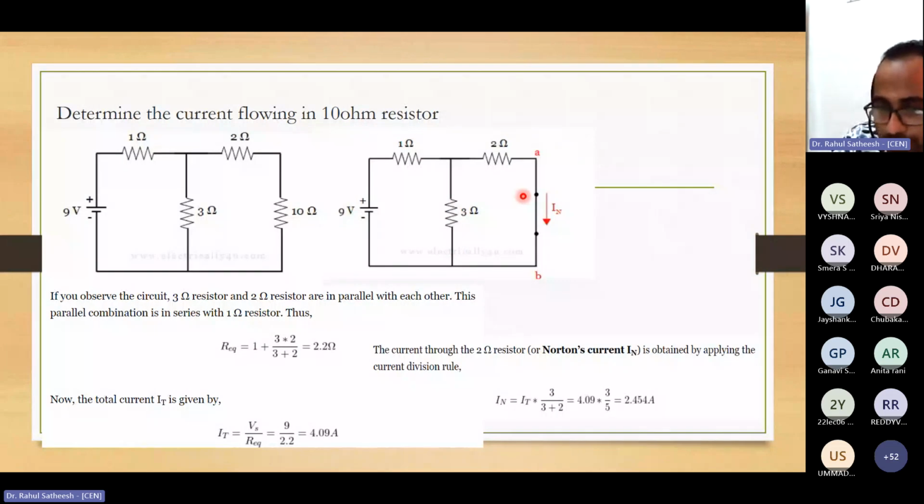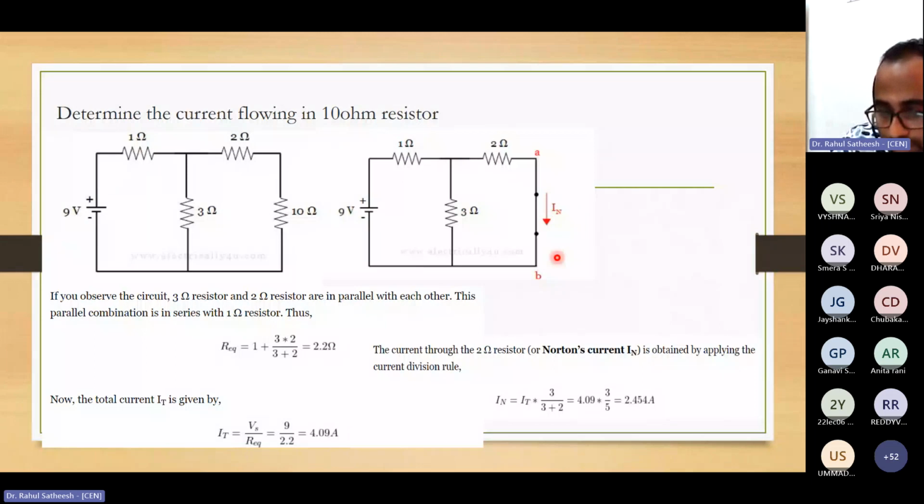We need the branch current of the 2 ohm. As per the current division rule, other resistance divided by the total resistance. Other resistance means 3 ohm. So 3 divided by (3 plus 2) into total current, which we already found as 4.09.